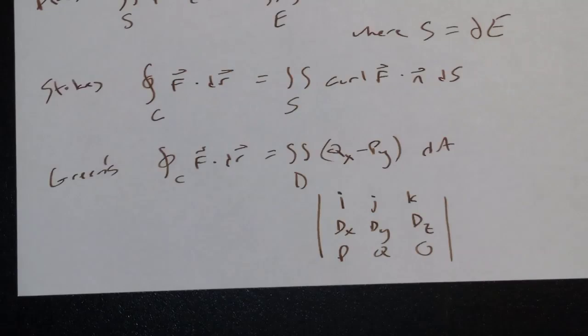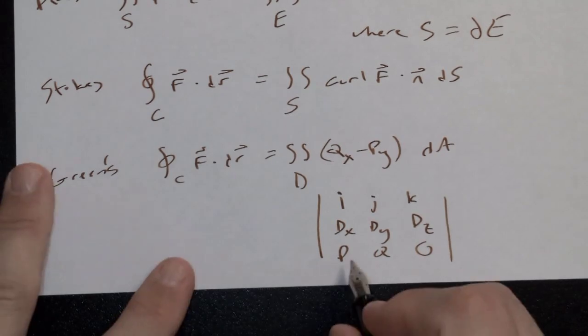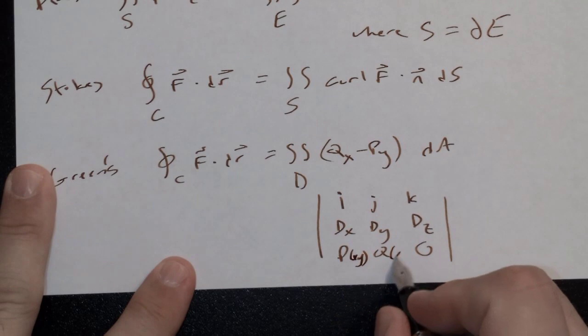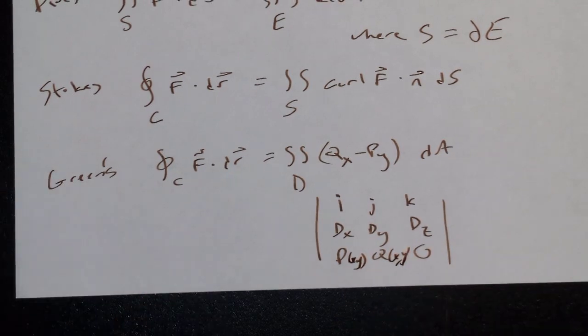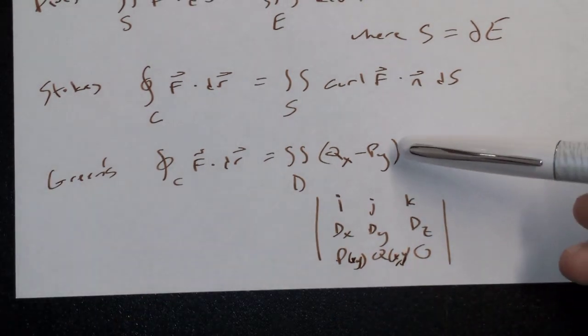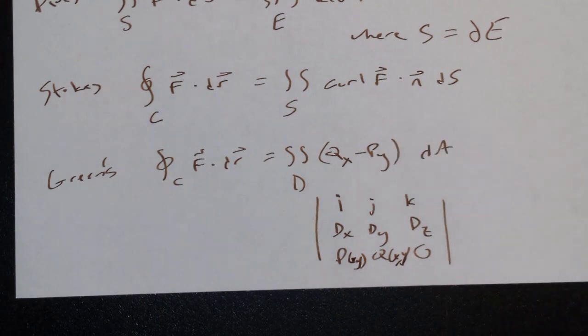That's the only part that comes from Q_x minus P_y. So really, this is the curl, but since my object is already in 2 dimensions, there's no n dot dS part, it's k dot dA, because my normal vector will be going straight up.